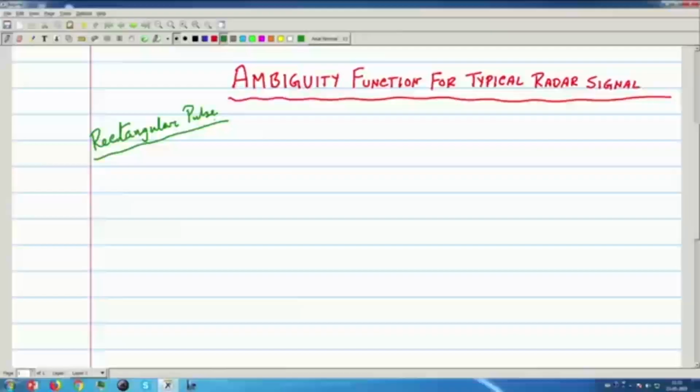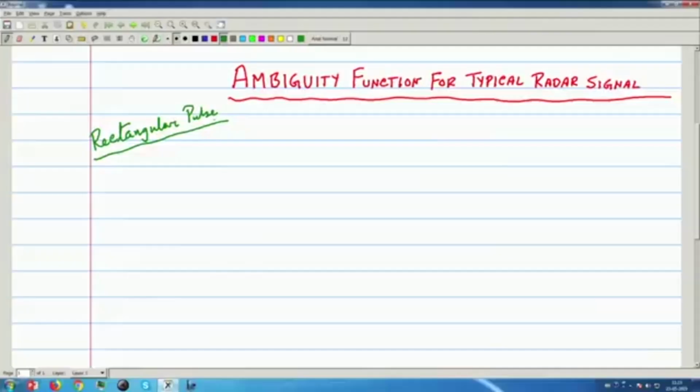resolution. In that we have gone through several lectures, and we have found that the width of the ambiguity function of the signal will give us both the delay resolution and Doppler resolution.